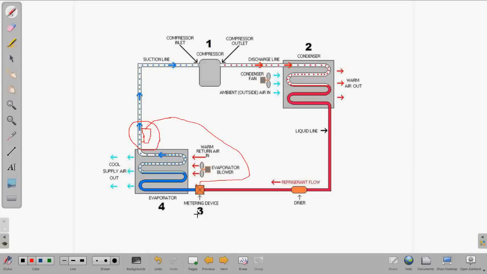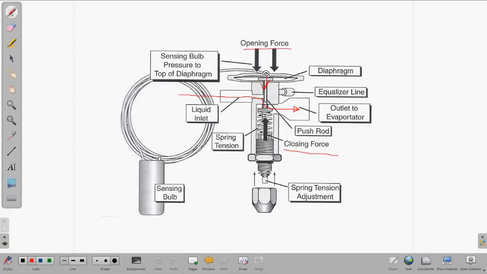mischarged systems. So if it's undercharged and the temperature of the sensing bulb goes up, it's going to push down on that diaphragm until it's metering enough refrigerant to get the sensing bulb to the right factory design temperature.